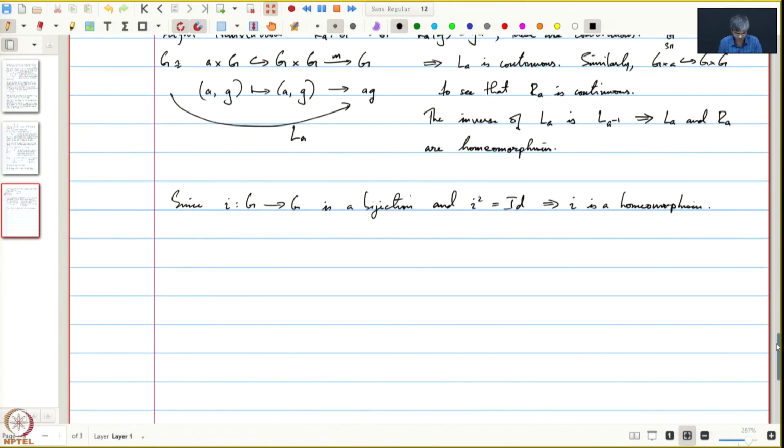The next observation we want to make is, let U be the collection of open subsets containing the identity element.